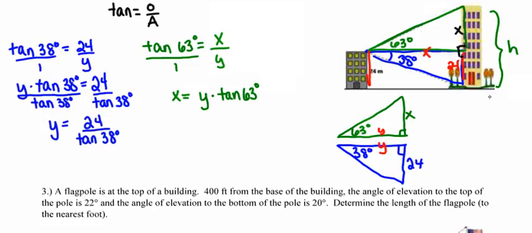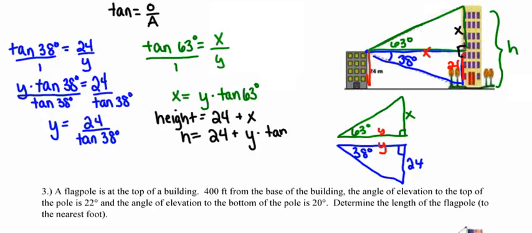Remember that in order to find the height of this building, I needed to take 24 and add X. Well, I've got an X value now. So I'm approaching the point where I'm ready to put the finishing touches on and be done with this problem. So remember, again, that the height of this building was equal to 24 plus whatever X is. And so now I can do some substitutions. 24 plus Y times the tangent of 63 degrees.